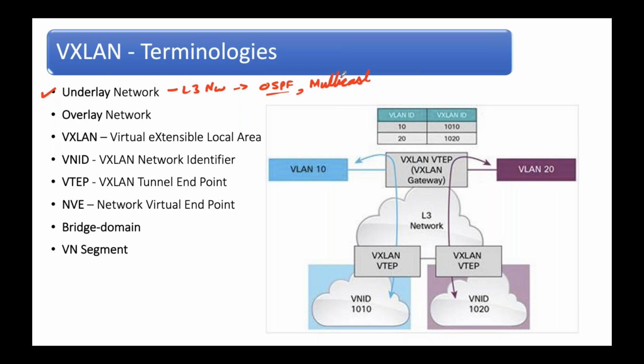When the term multicast comes, in the journey of VXLAN I will give a pause to our ongoing journey. Why? Because I believe in giving one crispy session on multicast, because VXLAN is incomplete without multicast.